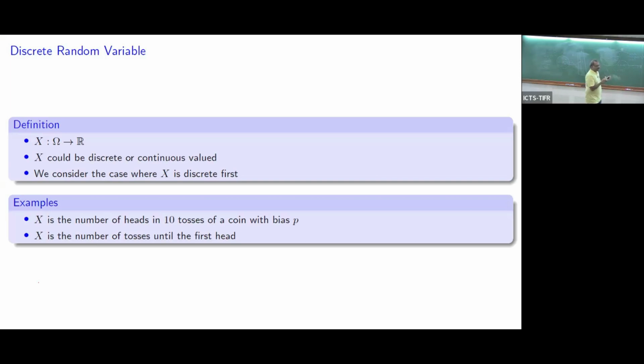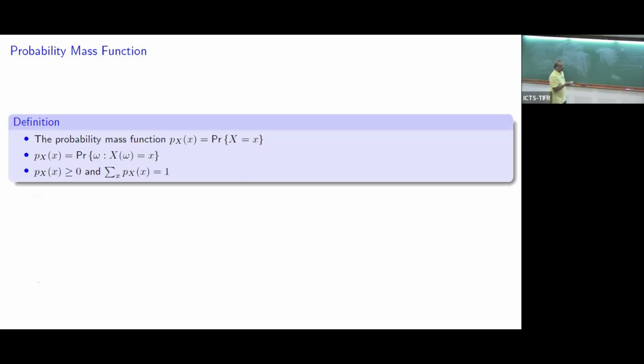Now again, there should be a way to quantify the chance that you get to see a particular value from a random variable. This is intimately connected with the probability that we studied before. We talked about probability of events. For random variables, you can think about that probability as being transferred from these outcomes to these values.